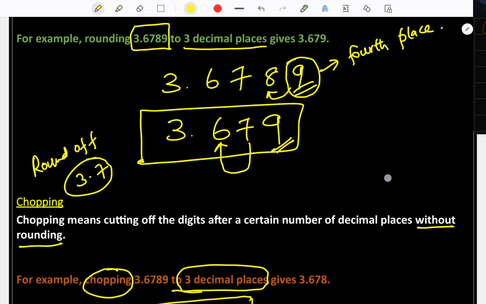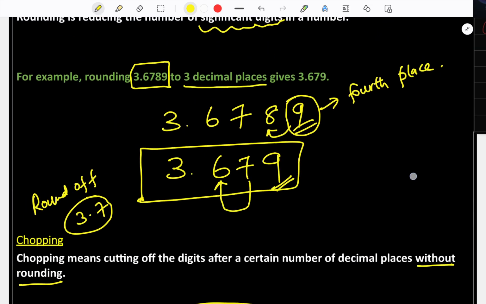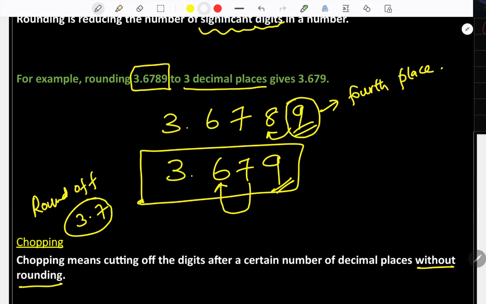Okay, right. Let me give you one more example. Suppose I give you 3.1415. Let me say rounding to 2 digits. See the third one. Is it more than or equal to 5?